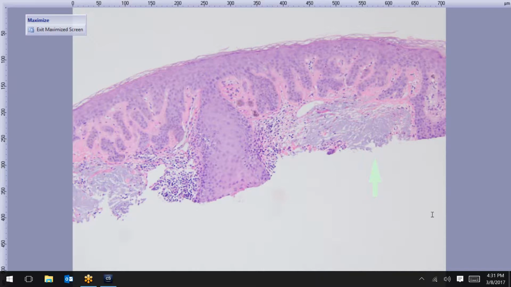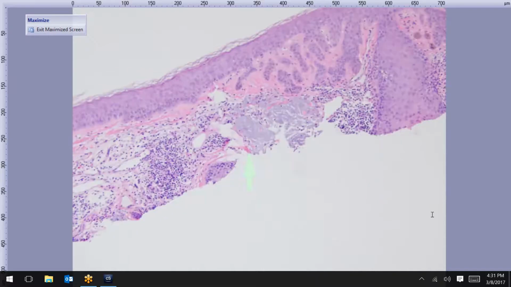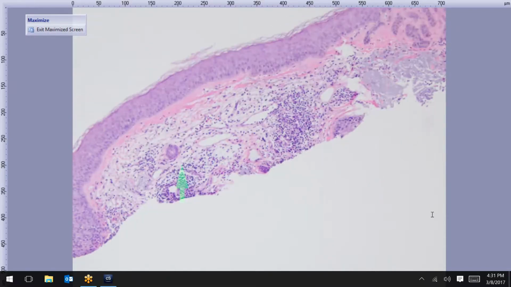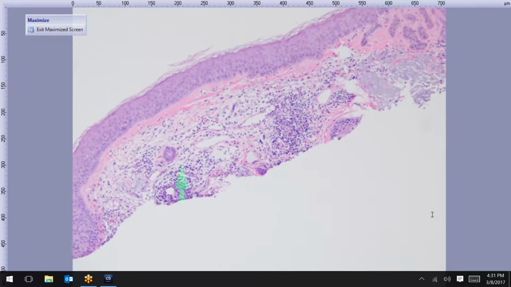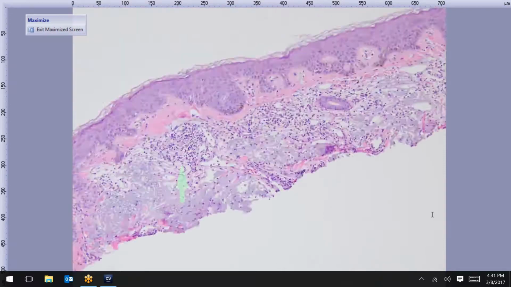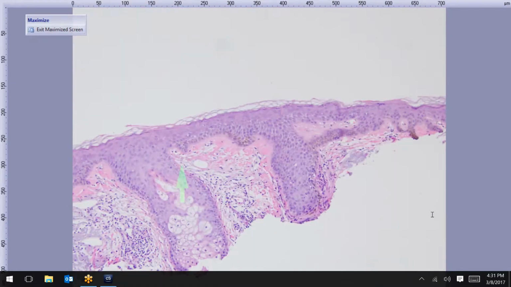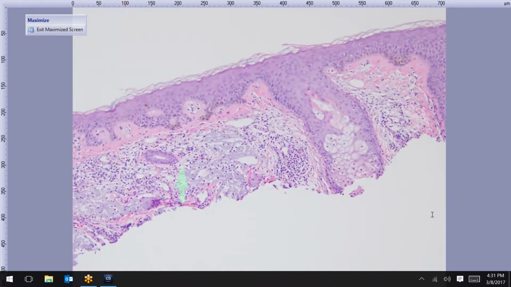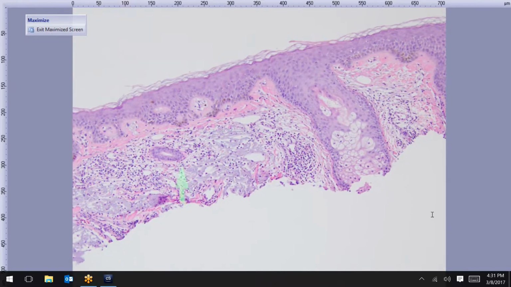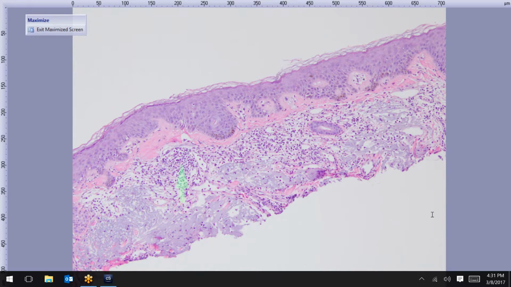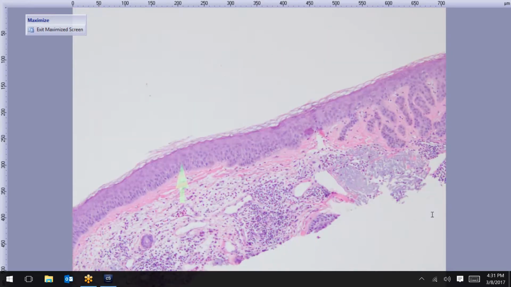Some telangiectasias right here. There's a few telangiectasias. So really just inflammation, telangiectasias, facial. And this is a good case of rosacea. If we really wanted a nice textbook, we might have a hair follicle with Demodex mites, but this is really what most rosaceas look like.